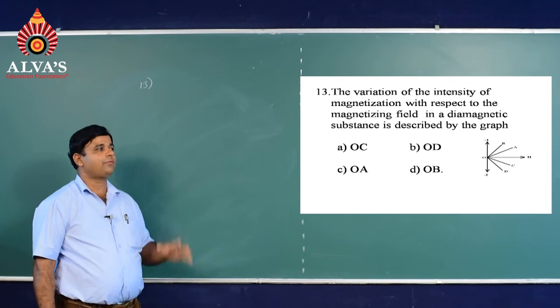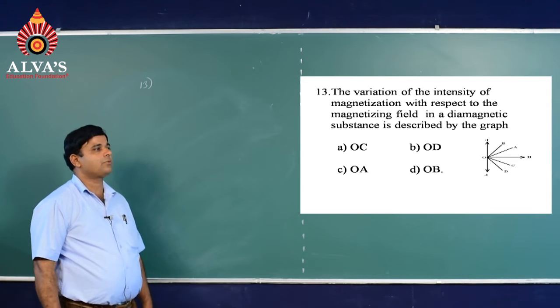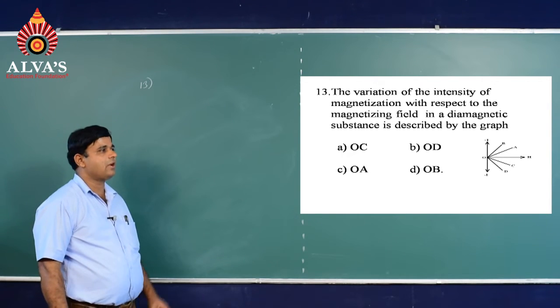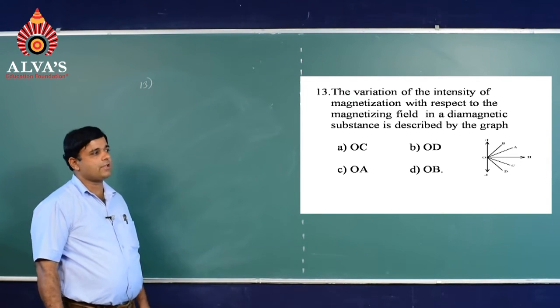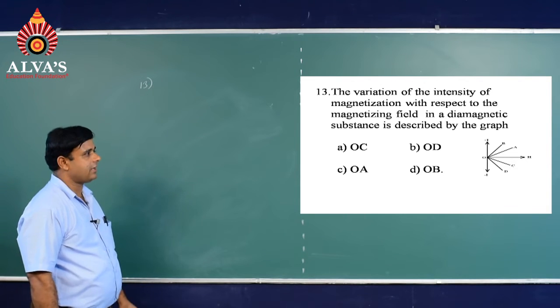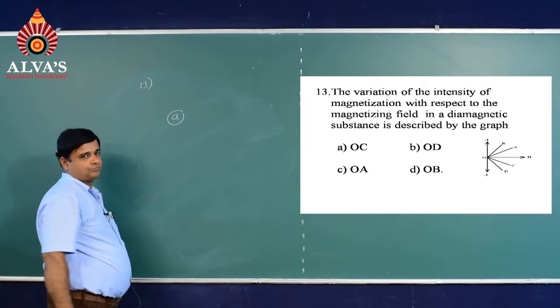So, refer to the graph. OA, OB are in the direction of the applied field; OC, OD are opposite to the direction of the field, and the smaller one in magnitude is OC. So, it is indicated by graph OC. So, the answer is A.